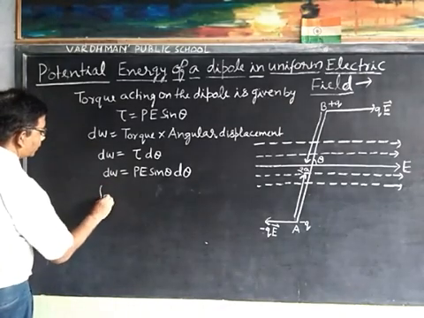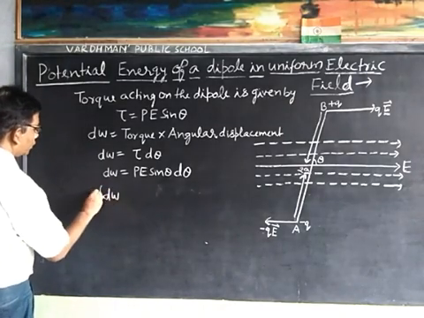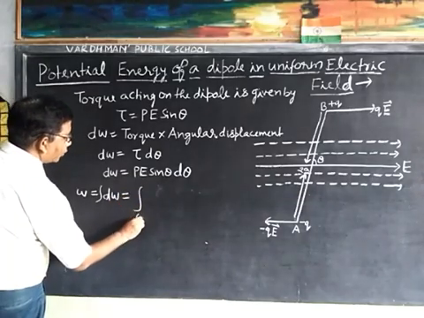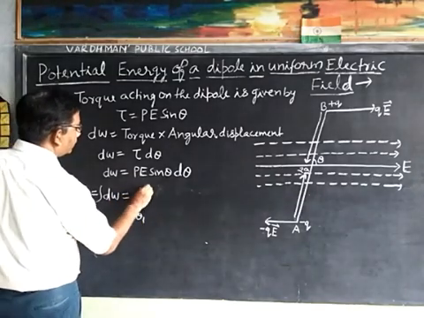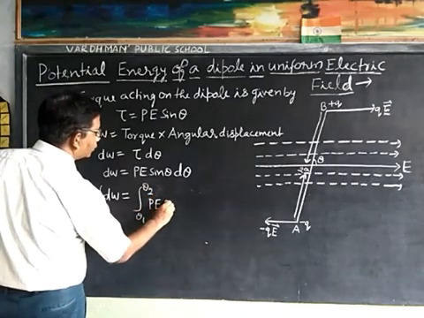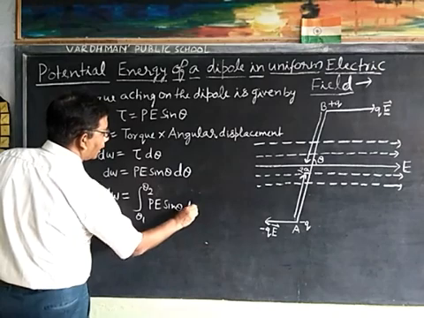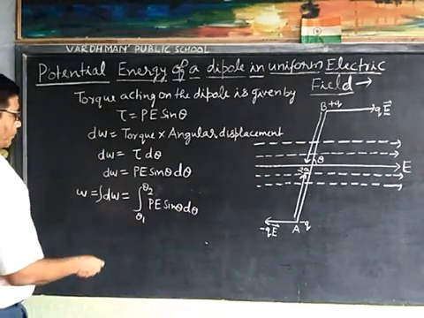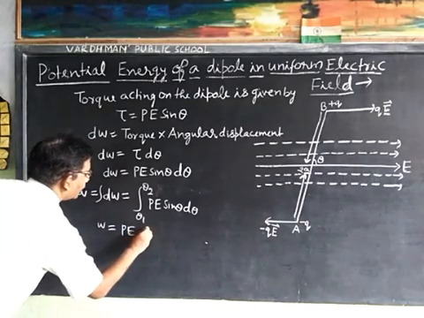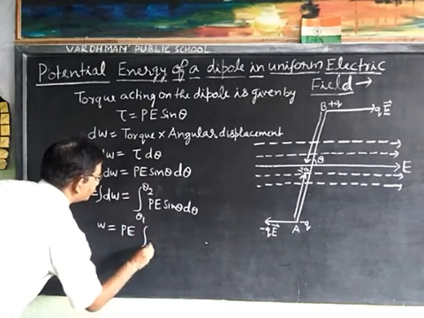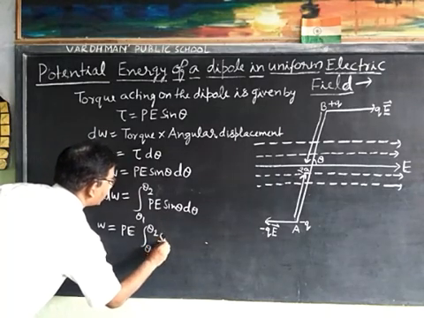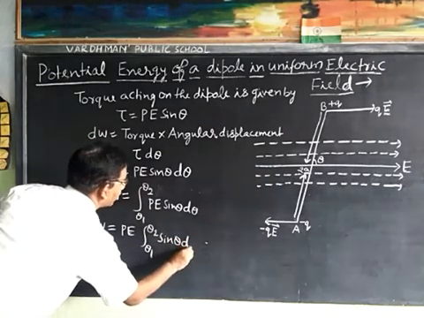Integration of dW is W, with lower limit theta 1 and upper limit theta 2, of PE sin theta d theta. We take PE out, so W is equal to PE integral from theta 1 to theta 2 of sin theta d theta.